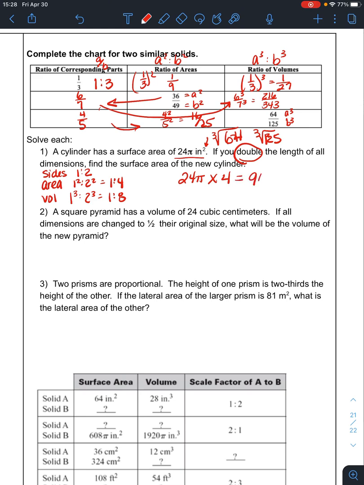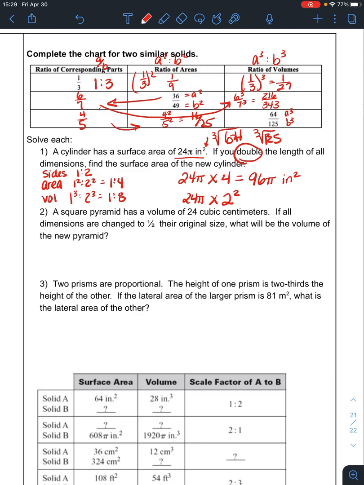My new area, and it doesn't matter whether it's lateral or surface, I don't even care what the shape is, but the new area of my cylinder is 96 pi. Now you can also think of it like this. You started with 24 pi. We're going to multiply by our double. So there's my times 2, but it's area, so I have to square it. And that's the same thing. So if it's easier for you to think of it like that, then do that.